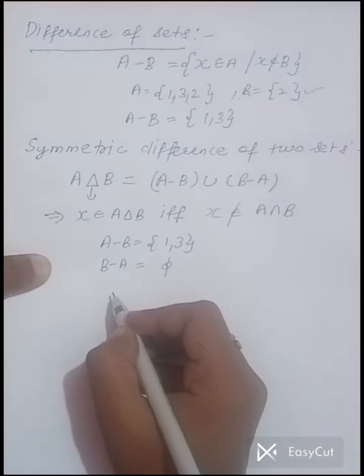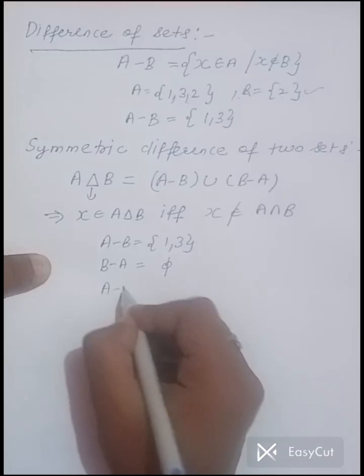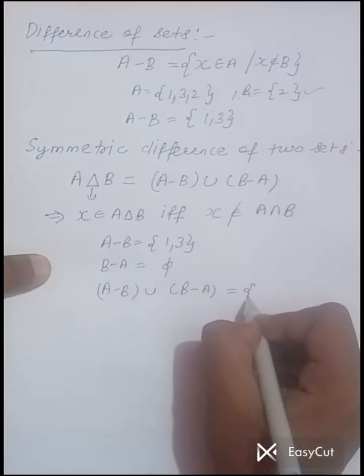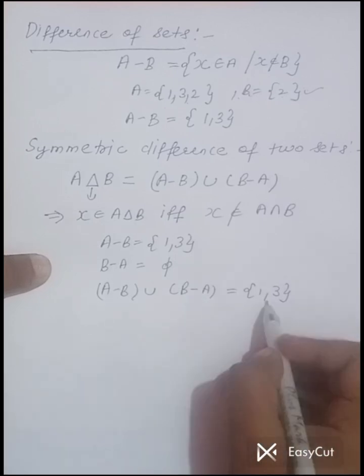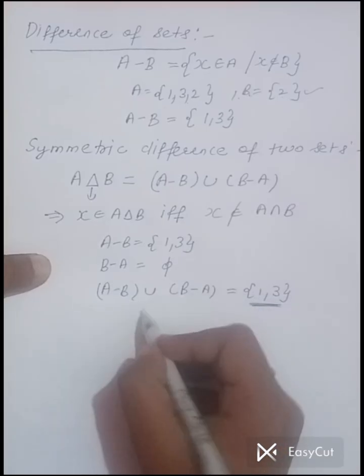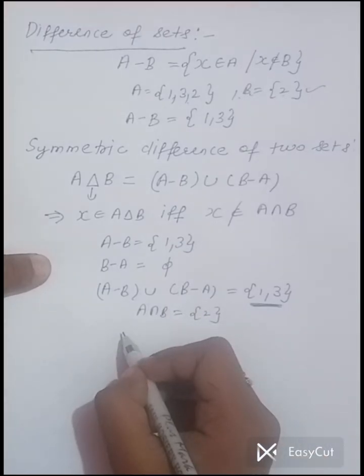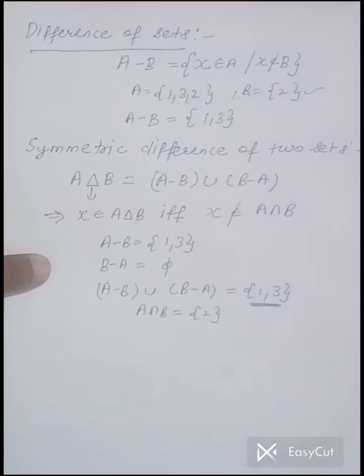So A minus B union B minus A is equal to {1, 3}. You can easily find that none of the elements belong to A intersection B, because A intersection B is equal to {2} and 2 is not in this particular set. I hope you got it.